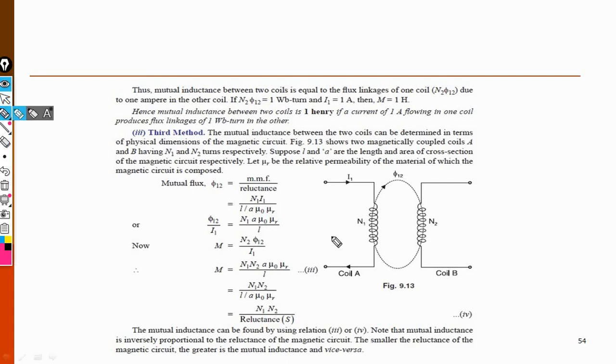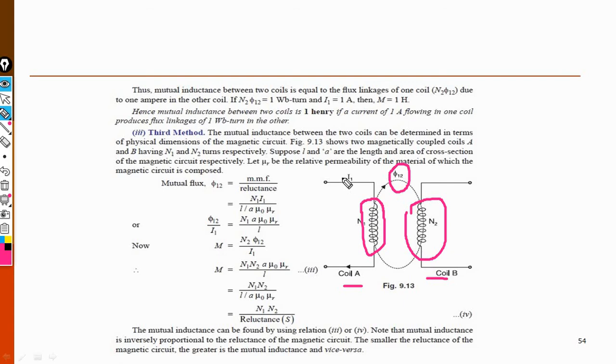Now this is coil A and coil B, this is the number of turns N1 of coil A, and this is the number of turns N2 of coil B. This is the mutual flux between N1 and N2, that is phi 1 2.